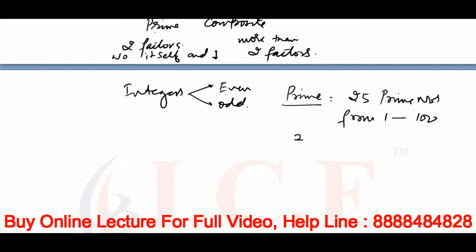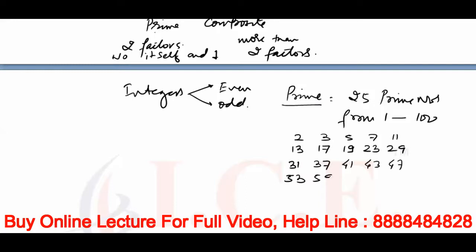And the numbers are 2, 3, 5, 7, 11, 13, 17, 19, 23, 29, 31, 37, 41, 43, 47, 53, 59, 61, 67, 71, 73, 79, 83, 89 and 97.